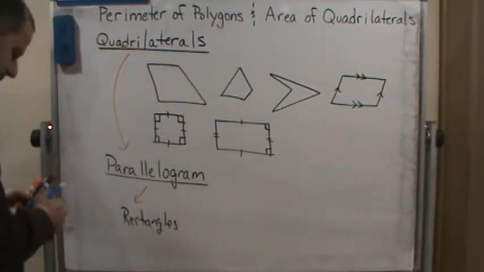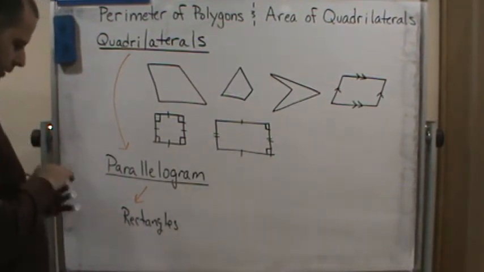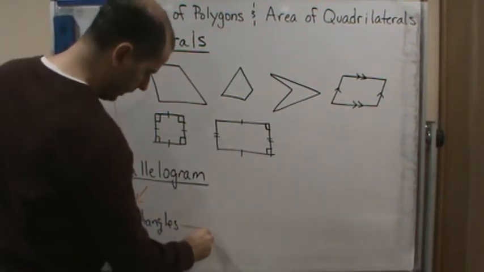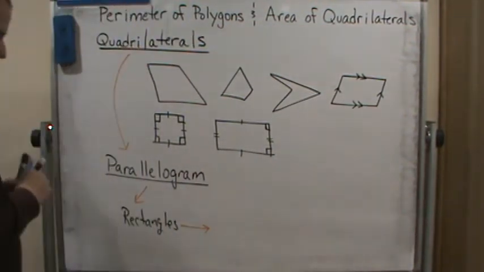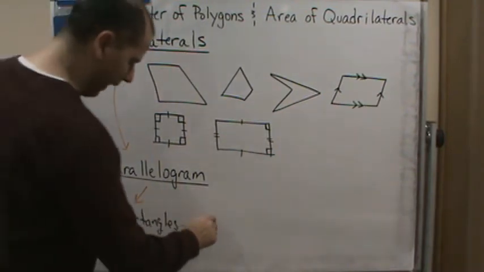But within rectangles, not all rectangles are the same. Now within rectangles, you can go to another category of rectangle, which is called a square.